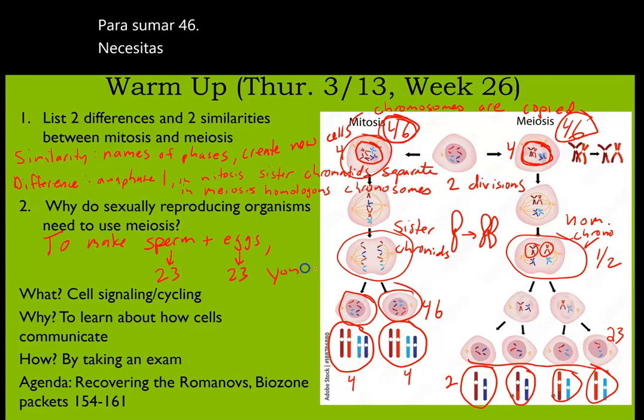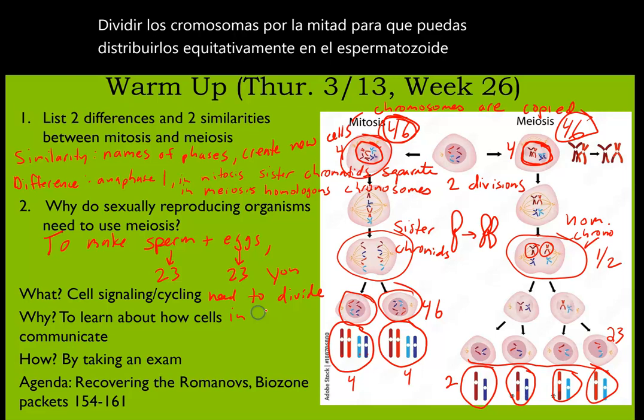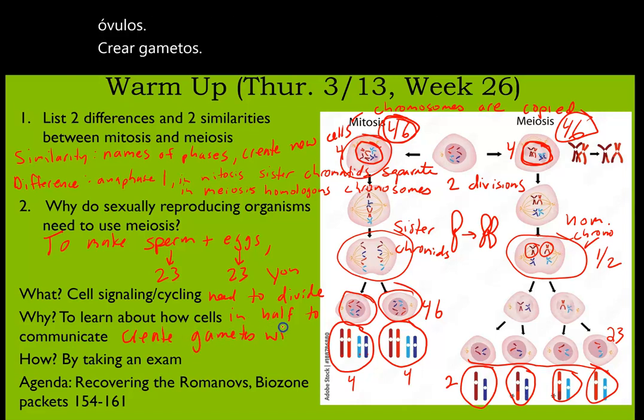So you need to divide the chromosomes in half so you can equally distribute them into the sperm and the eggs. Create gametes with half the number of chromosomes. You need that.